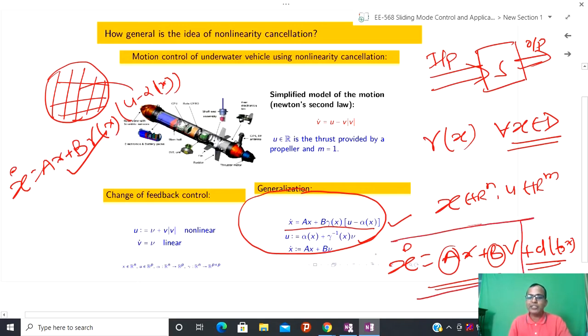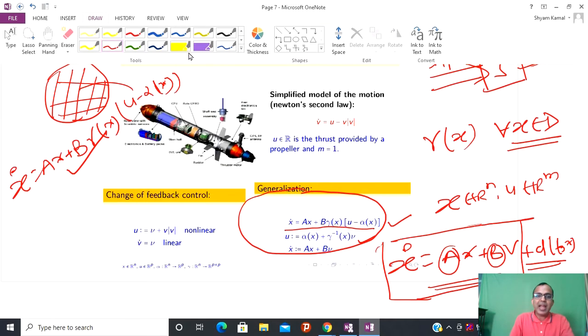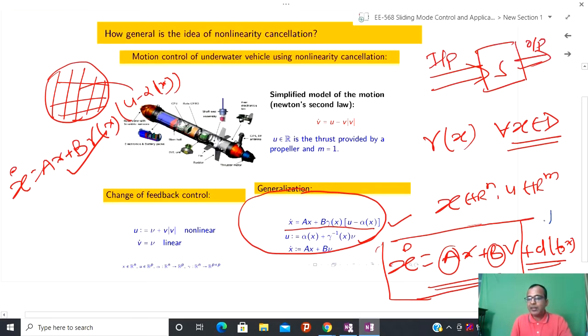What kind of theory is required? Because you can see that here I have one extra term, and that extra term is uncertainty again. Due to that reason, when I started this lecture, I told you that a robust control design technique is required, because I cannot assume that alpha x and gamma x are completely known to me.